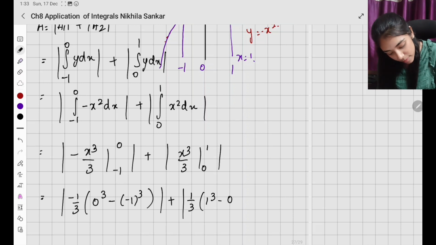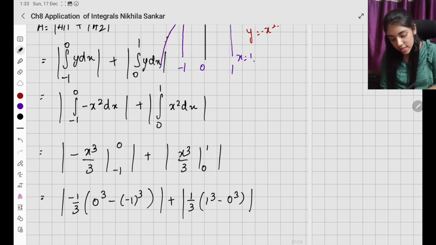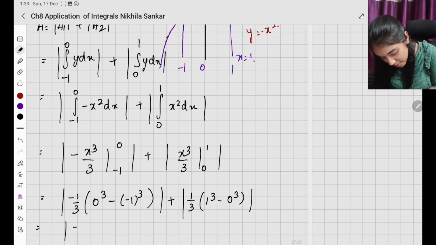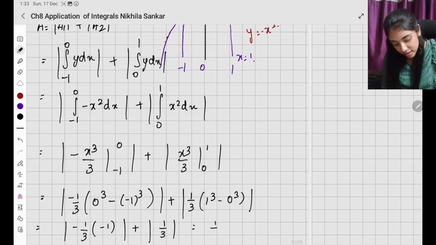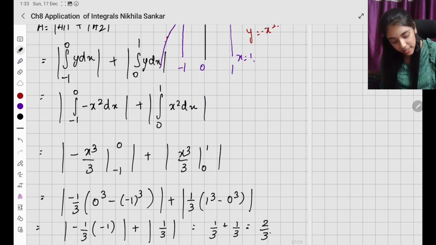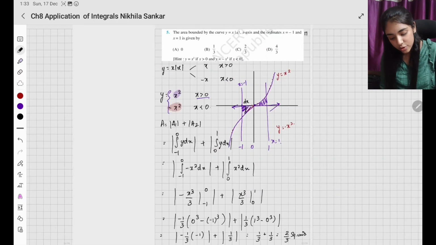So 1 cube minus 0 cube. Okay, when I simplify, I have minus 1 by 3 and inside the bracket I again have a minus 1, plus in this place, inside the absolute value, I have 1 divided by 3. So finally what do I have? 1 by 3 plus 1 by 3, which is going to be 2 divided by 3 square units. Since we are talking about the area, it is going to be square units.